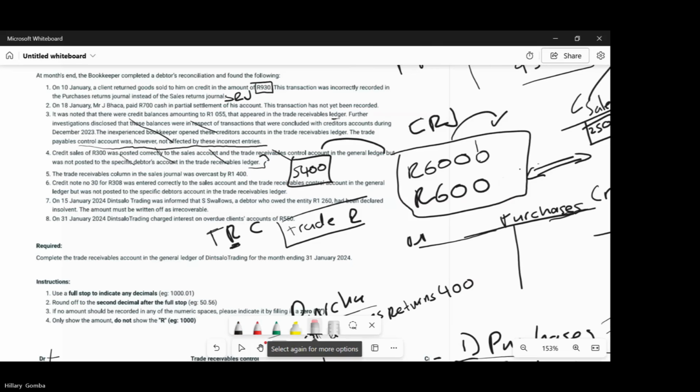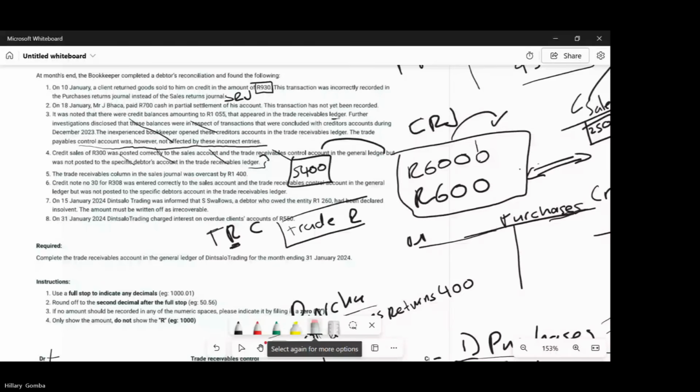When you were explaining that overcast, what I want to know is, the trade receivables column on the sales journal, this 1,400 that we need to minus, are we going to use the cash receipts to minus?